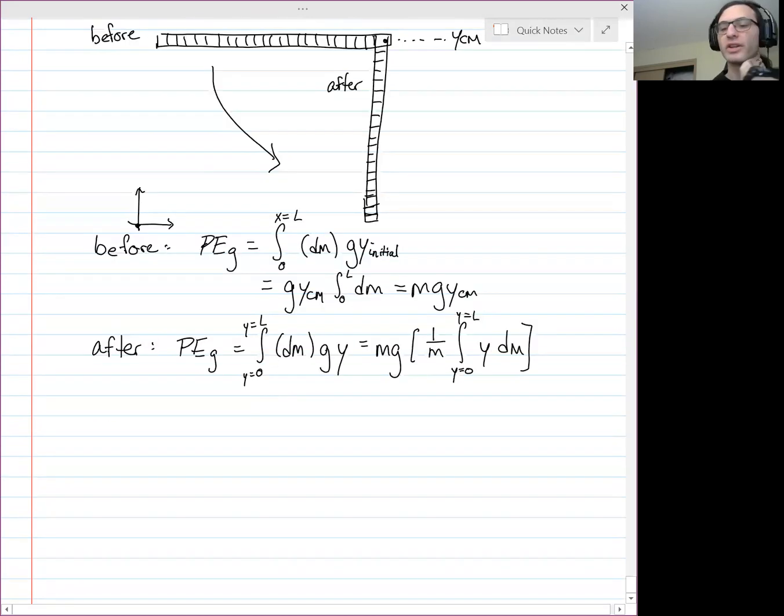But now look at this formula here. This formula is the vertical position of its center of mass. That is the center of mass after, once it is in the vertical position.